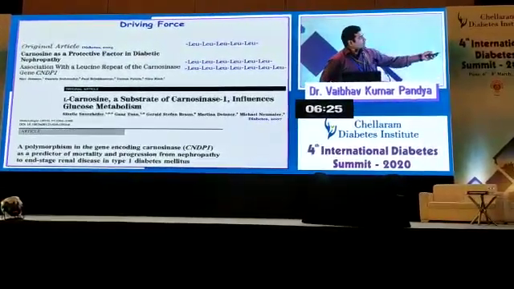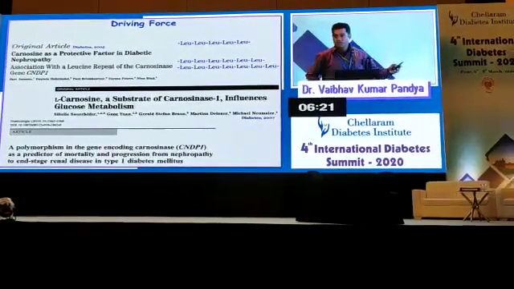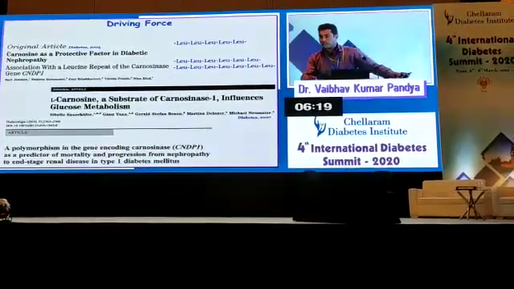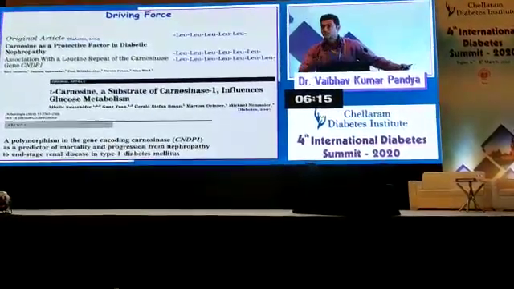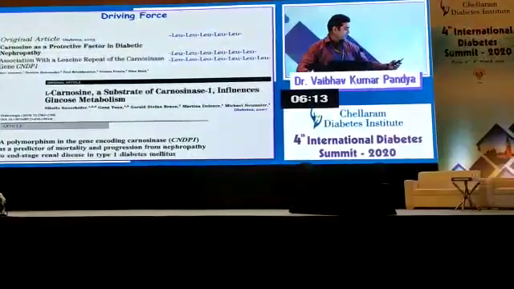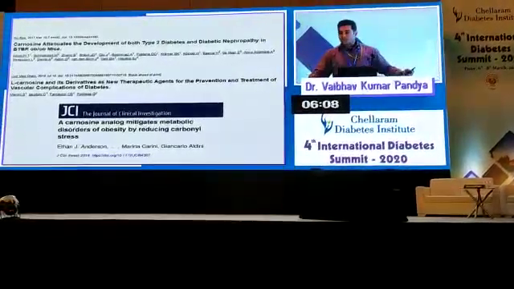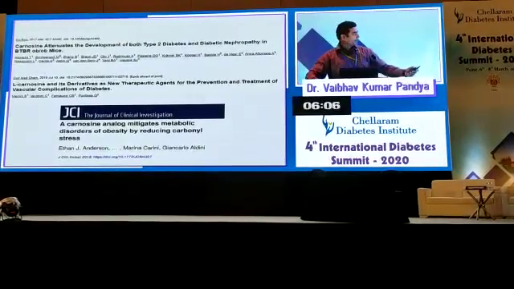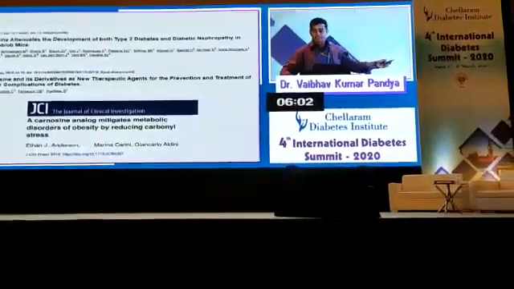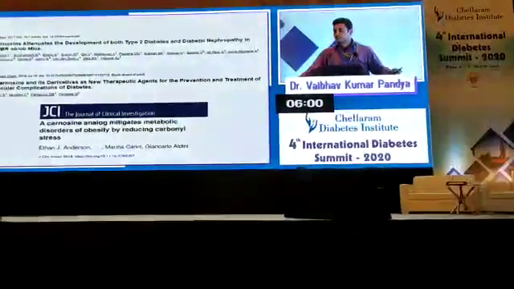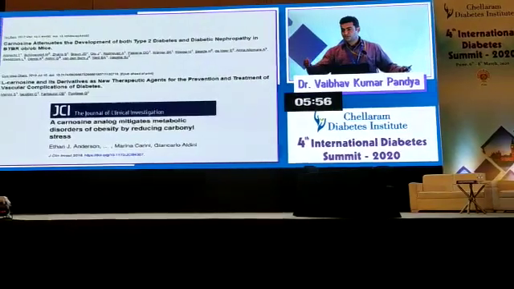Further, it has been shown that carnosine influences glucose metabolism, and this study shows that progression of diabetic nephropathy to ESRD, end-stage renal disease, is associated with the polymorphism in the CNDP1. The next slide. Carnosinase attenuates the development of diabetes to diabetic nephropathy, and in the prestigious journal JCI, it has been shown that carnosine mitigates obesity disorders by reducing oxidative stress.